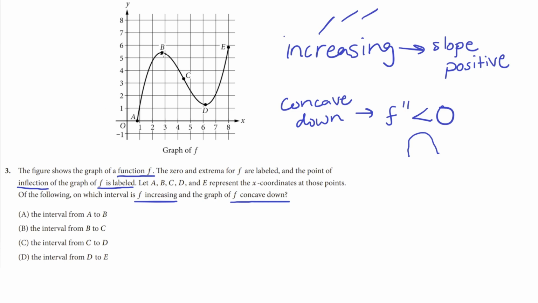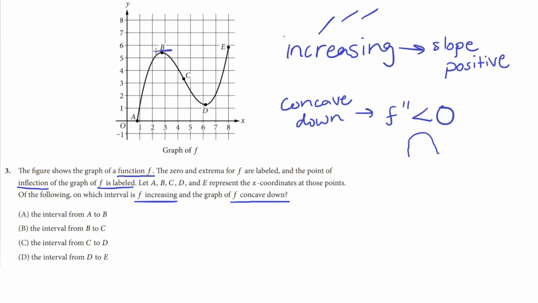Okay, so if we look at the graph, we see that there are two regions where the slopes are positive. The slopes are positive here from A to B. They are negative from B to D, and positive again from D to E. If you draw some tangent lines, you'll see the slopes at those intervals.